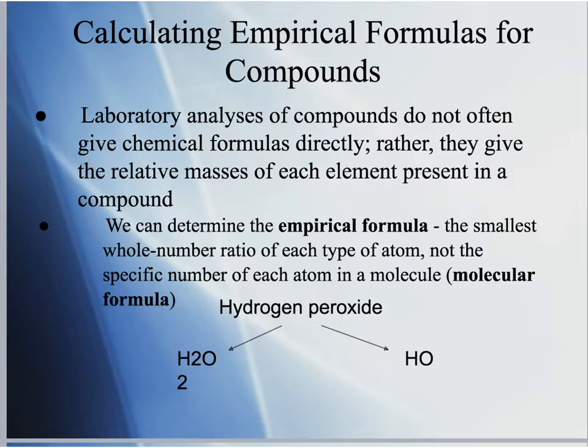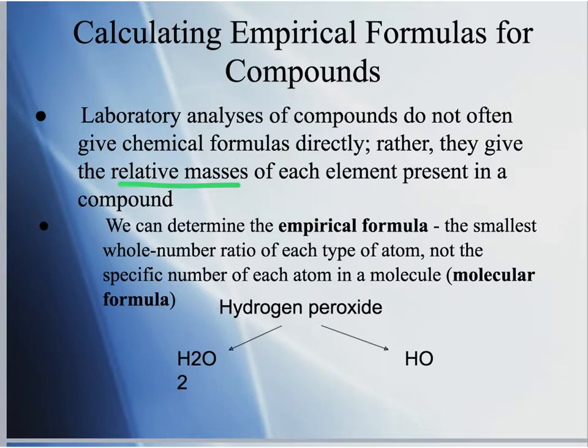You'll put a substance in the machine and it will tell you the percentage of a particular atom in the compound, but it won't tell you exactly what the molecular or chemical formula is. So it gives you the relative masses of each element present in the compound.